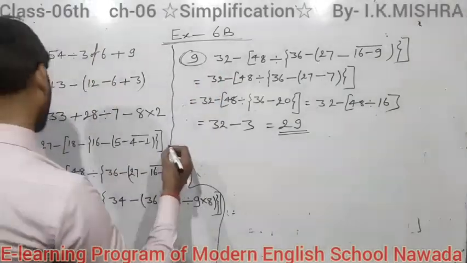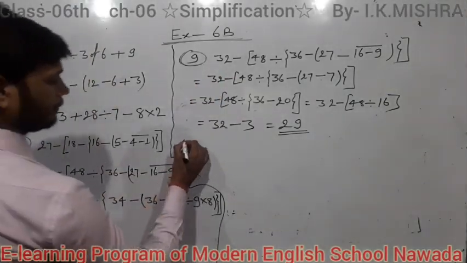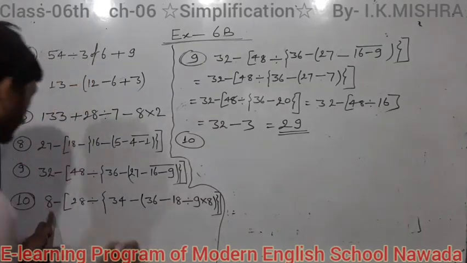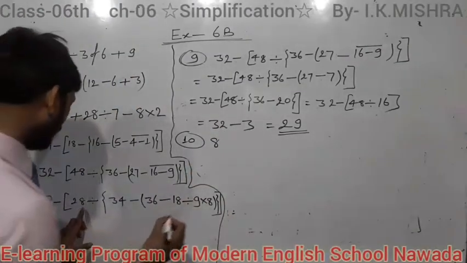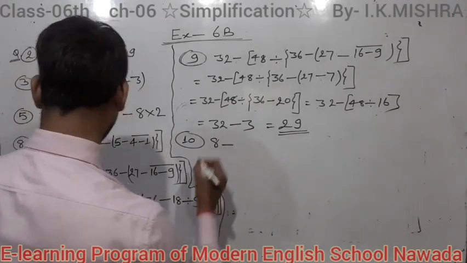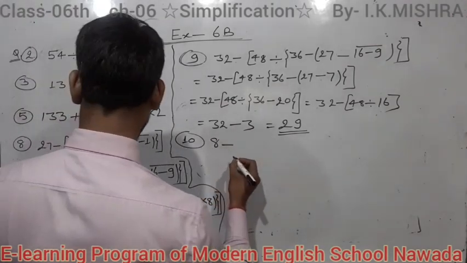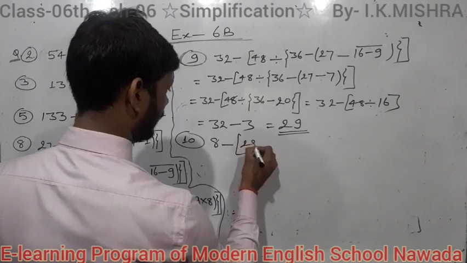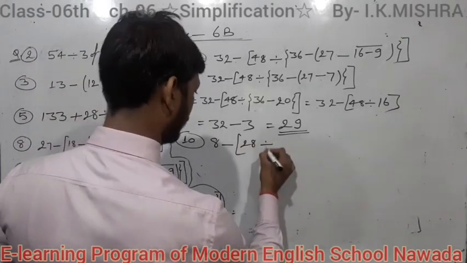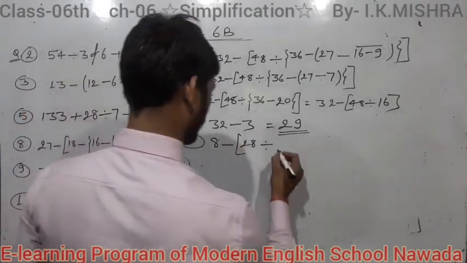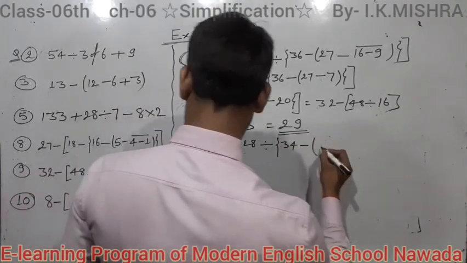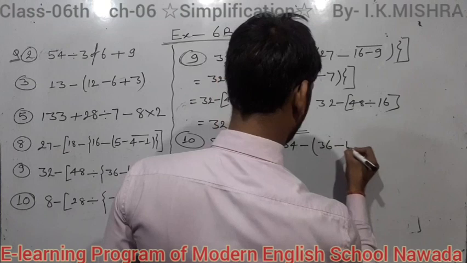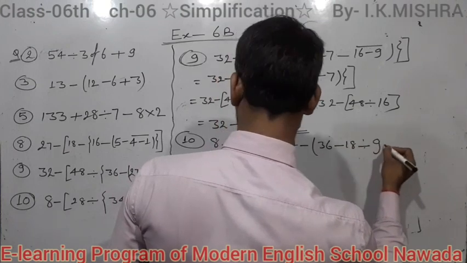Now proceed to question number 10. Here in question number 10, 8 minus 28 divided by 34 minus 36 minus 18 divided by 9 into 8.